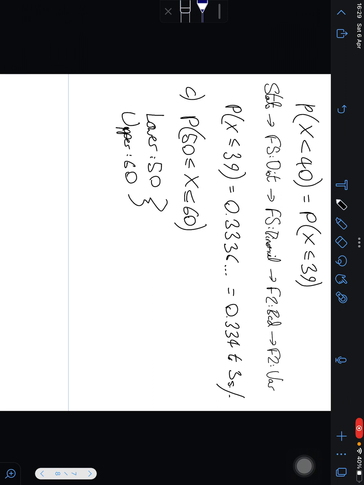And so if we put in lower as 50 and upper as 60, and then click execute, we get 0.0930765..., and so that in our case is just 0.0931.